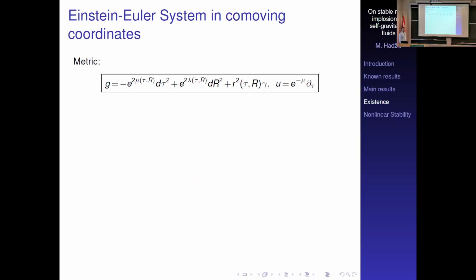Now I'm going to write down some equations because you might feel, I don't know, maybe you want to see them. Don't read into them too much, but they exist. We choose to work with co-moving coordinates. And one thing perhaps to remember is that co-moving simply means that your tau variable, the time variable, this d tau vector field is parallel to the velocity vector field.